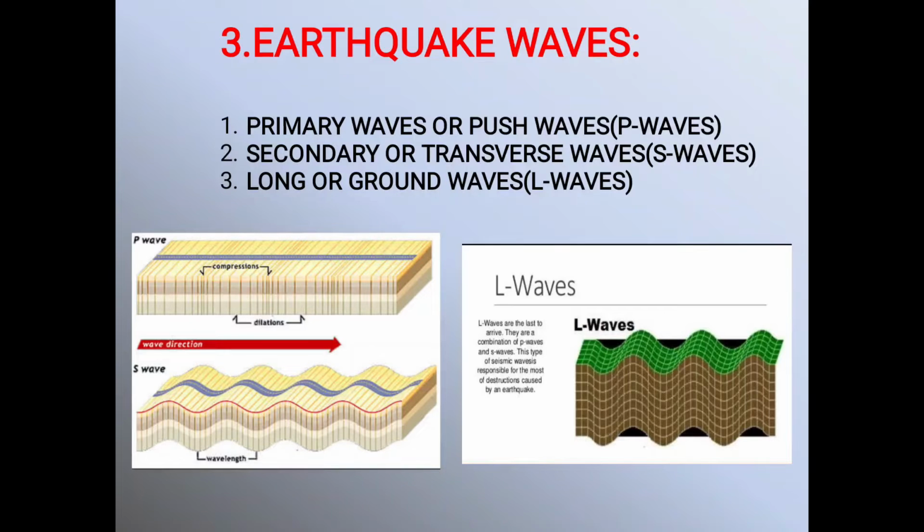They are followed by S or secondary waves. But L waves, that is the long or ground waves, take a longer time and follow the longer surface route. So this is the difference between the primary waves, secondary waves and long or ground waves.